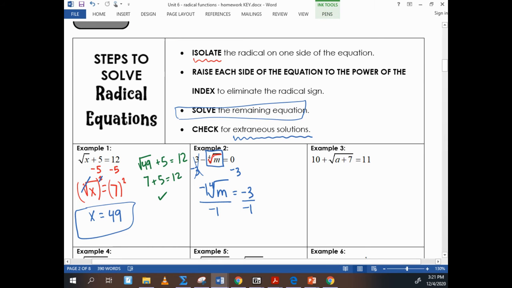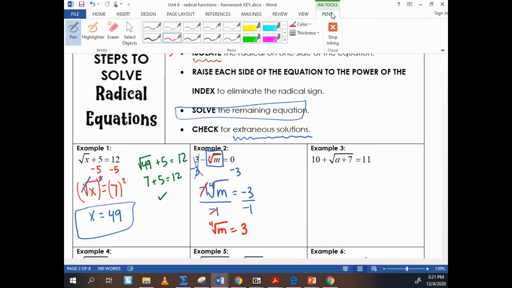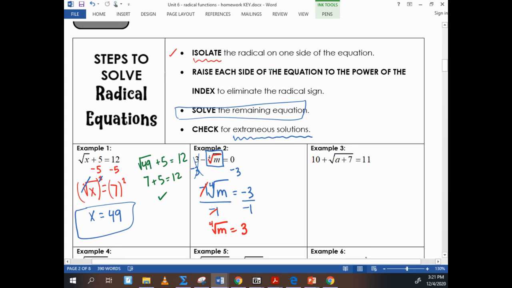Now our radical is isolated. We have that 4th root of m is equal to negative 3 divided by negative 1, which is positive 3. So we've got a check mark on that first step. Now we've got to raise each side of the equation to the power of the index. This time my index here is 4.